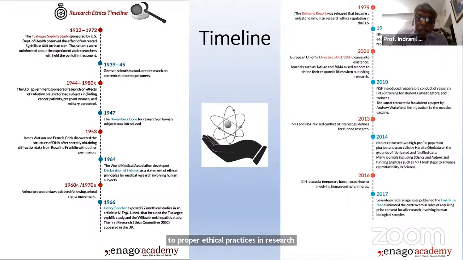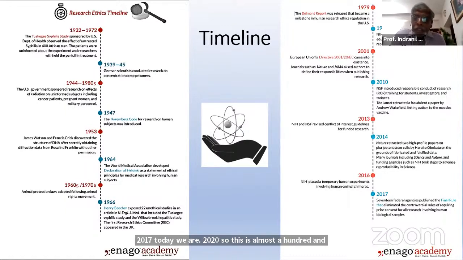take us to proper ethical practices in research. One of the reasons why it is difficult to do so is because the term ethics, the concept, is also changing. Look at this timeline. It starts from 1932 and ends in 2017. Today we are in 2020. So this is almost a 90-year timeline.